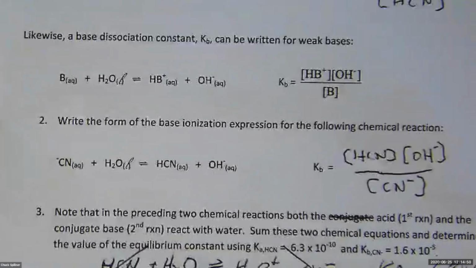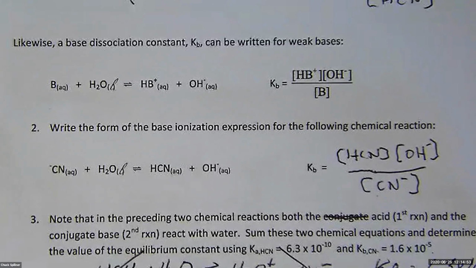Question 3 says, note that in the preceding two chemical reactions, both the acid in the first reaction and the conjugate base in the second reaction react with water. That's what acids and bases do. We said we're talking about acids and bases in water. Sum these two chemical equations and determine the value of the equilibrium constant, using Ka of 6.3 times 10 to the minus 10, and Kb for CN minus of 1.6 times 10 to the minus 5.